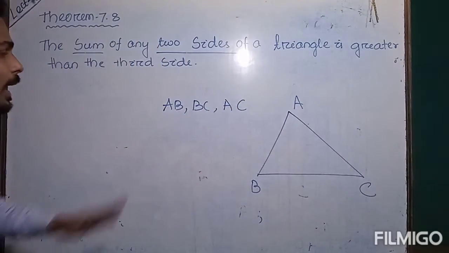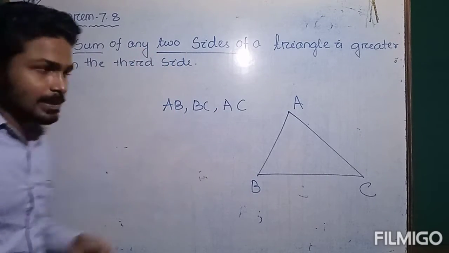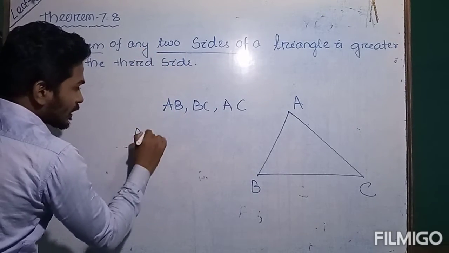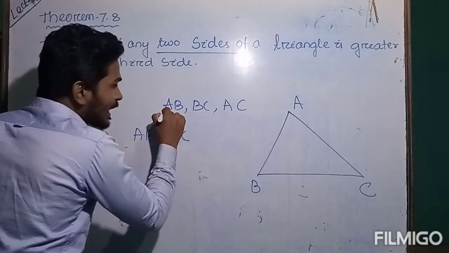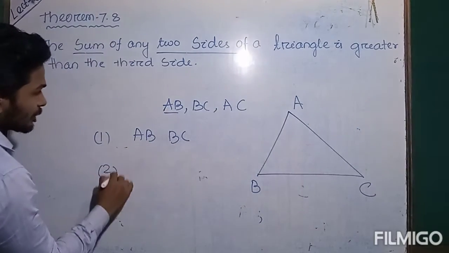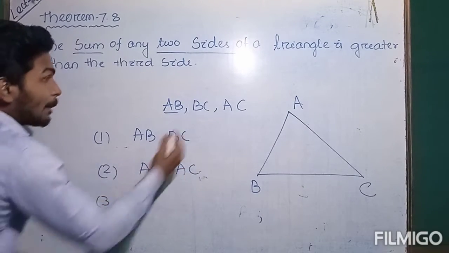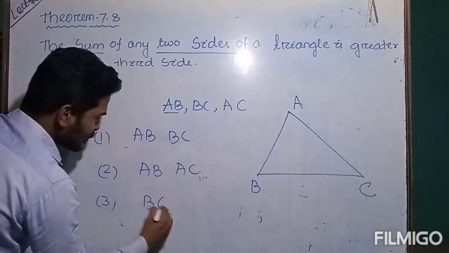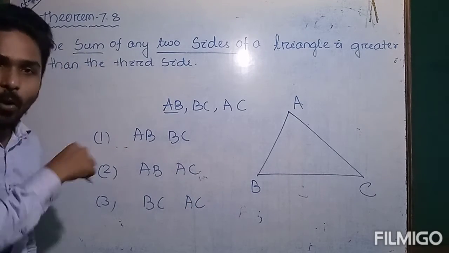Out of these three sides we choose any two. Let's say first we choose AB with BC. Let's say we choose AB with AC. And let's say we choose BC with AC. We can choose any two sides, and we have to find the sum.